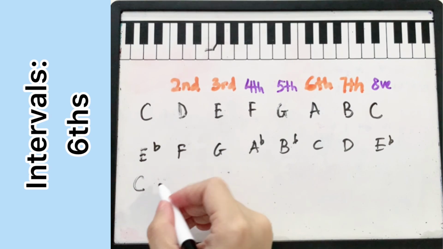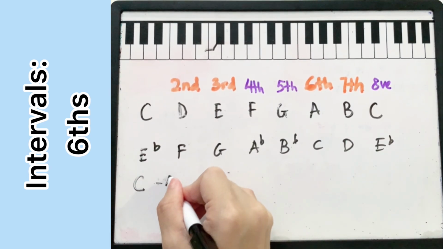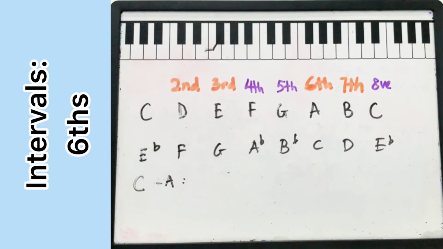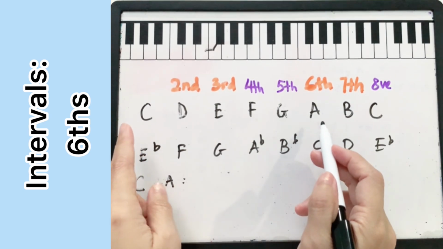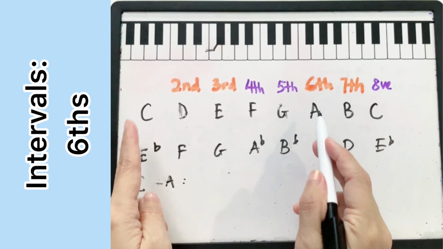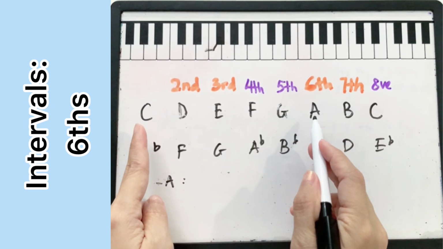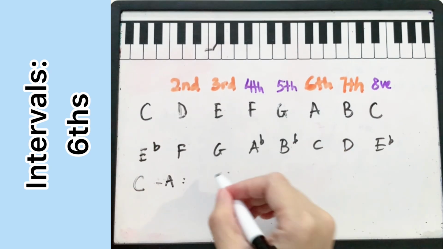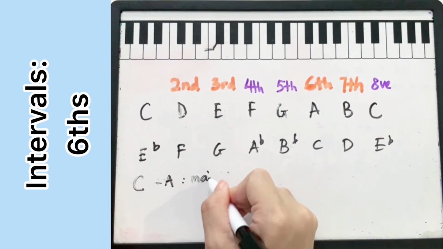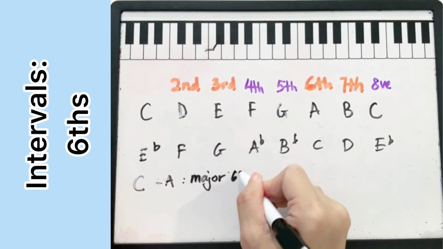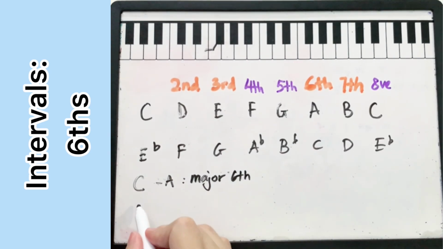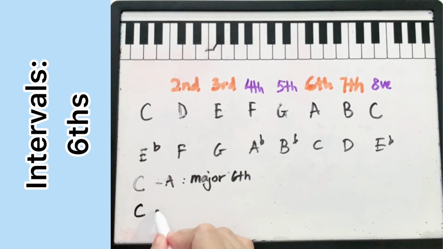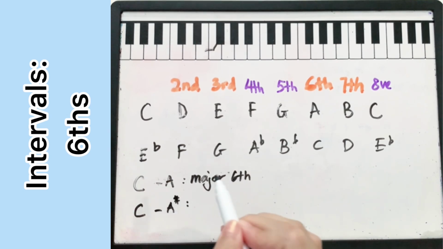Here we have C to A. Name the interval for C to A, and since it's in accordance with the scale of C major, then it's a major 6th. Major 6th. And next we have C to A sharp. So what happens here?